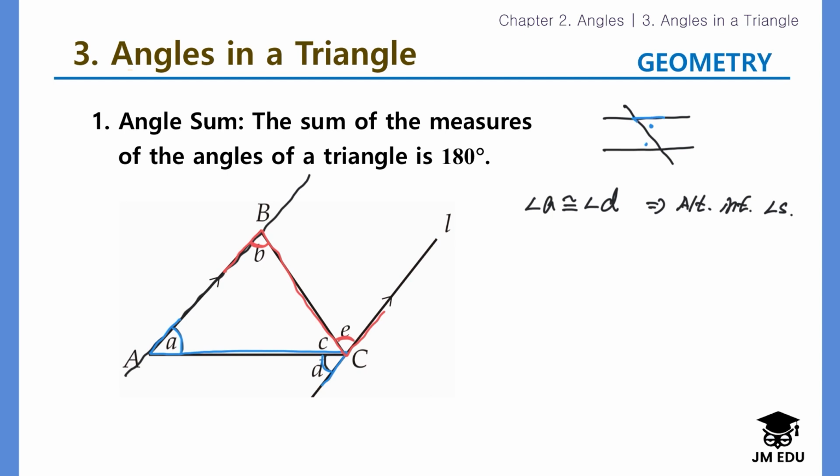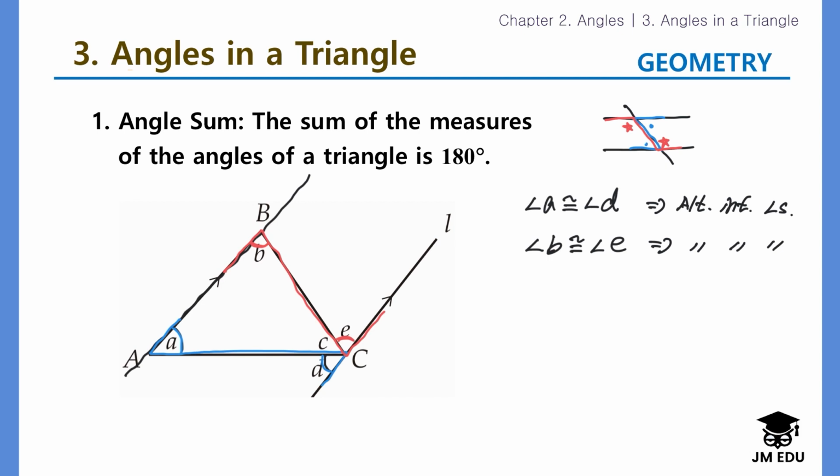Alternate interior angles. Also, these two angles are congruent. They're also alternate interior angles. So, angle B is congruent to angle E.